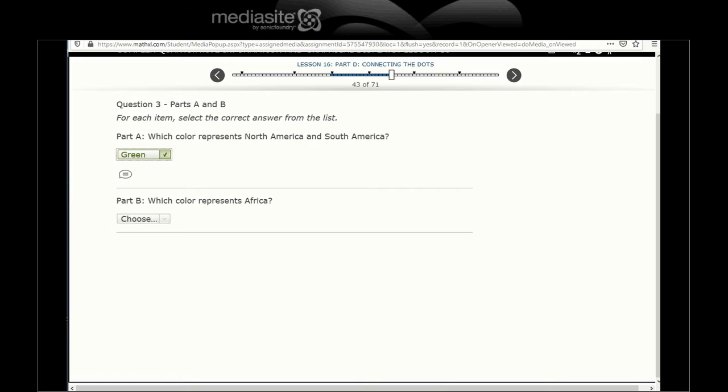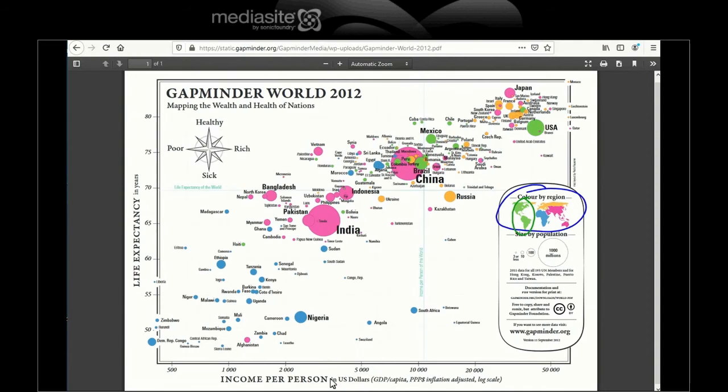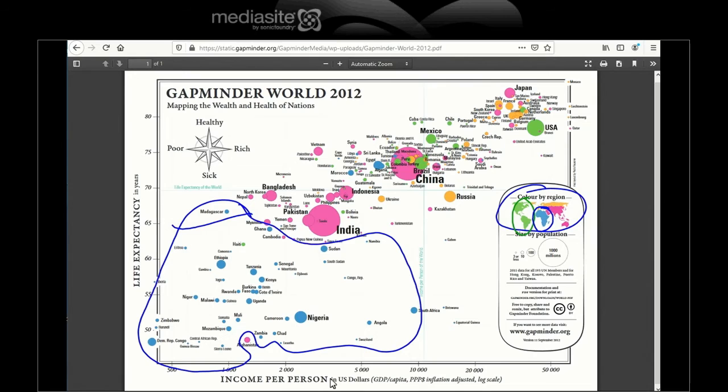Which color is Africa? Remember, Africa is not a country, it's a continent. It's a lot of blue. Wow. Look at all the blue in the unhealthy and poor.